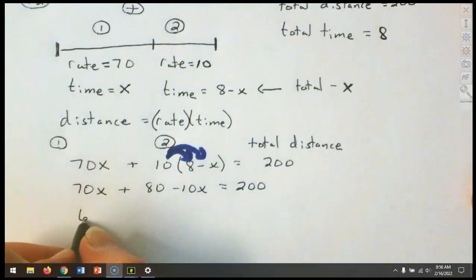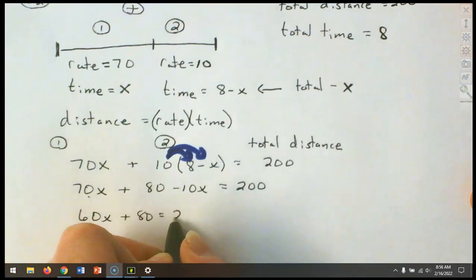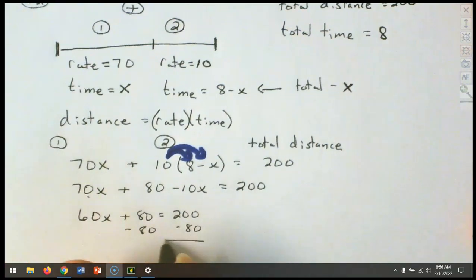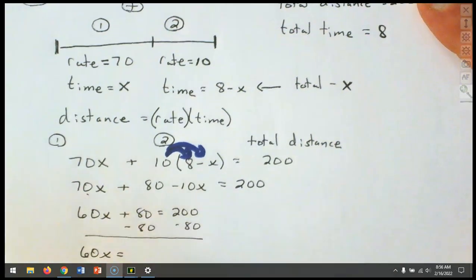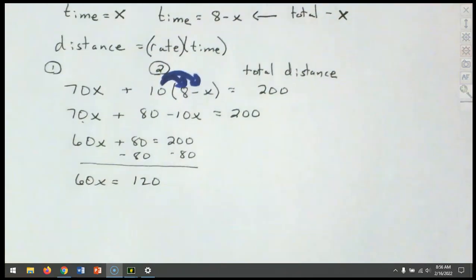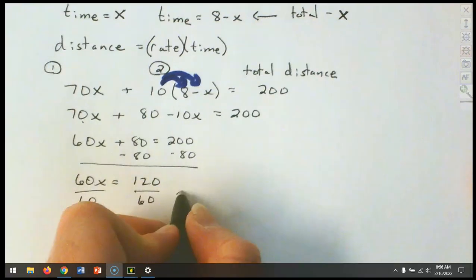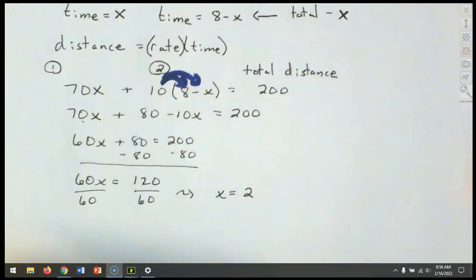We get 60x, right, because those can go together, plus 80 equals that 200. We'll move our 80 over. So 60x equals now 120, doesn't it? And we'll divide by 60. And we now end up with x equaling 2, isn't it? Okay.